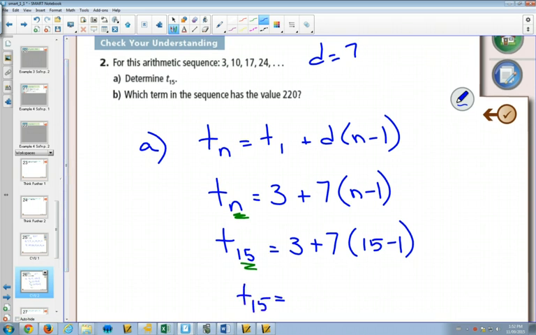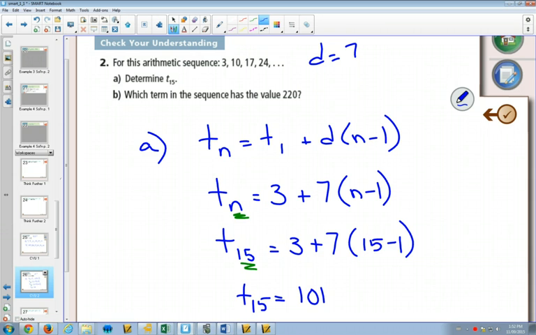So you can take out your calculator. 7 times 14, 98 plus 3, 101. Is that the answer that it says at the bottom? Yes. Good. So there we have that term 15 is 101. And using the formula is probably a little bit quicker than actually adding 7 each time until you get 15 of them.